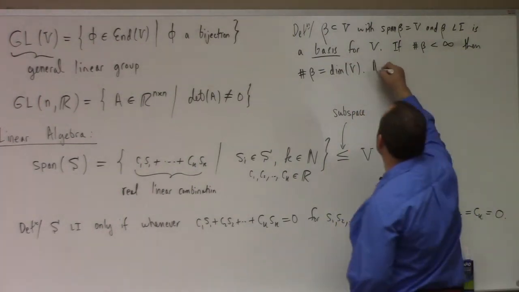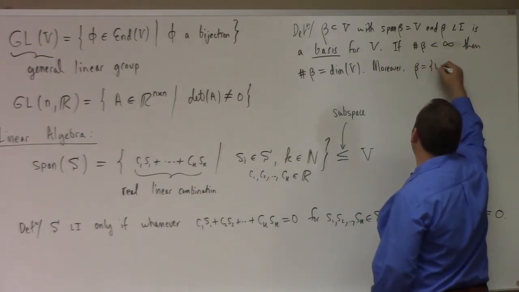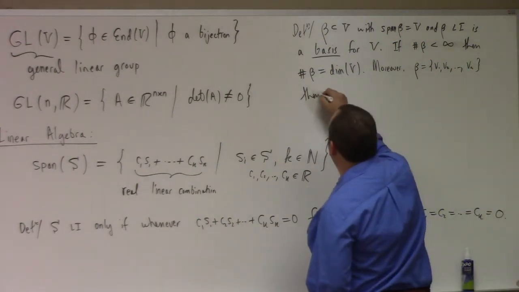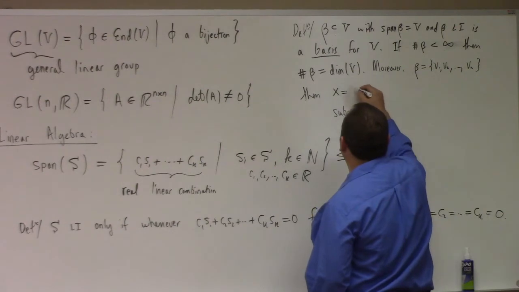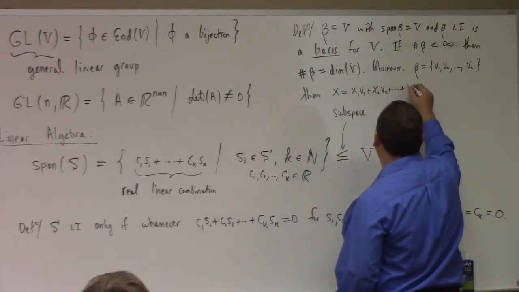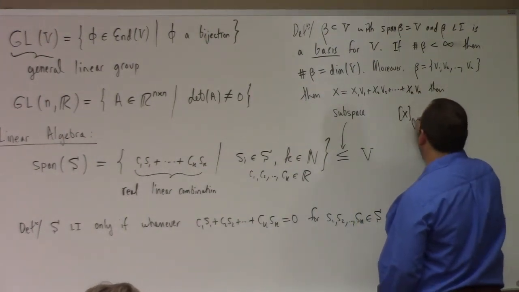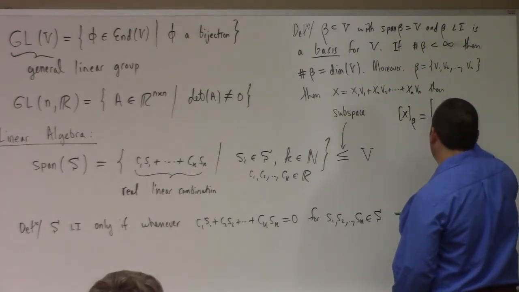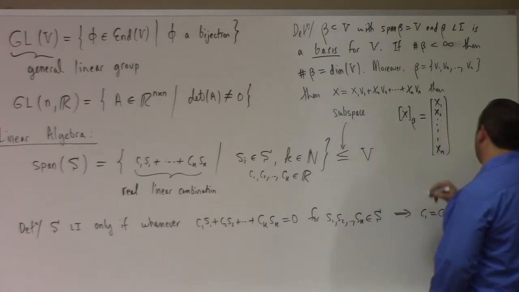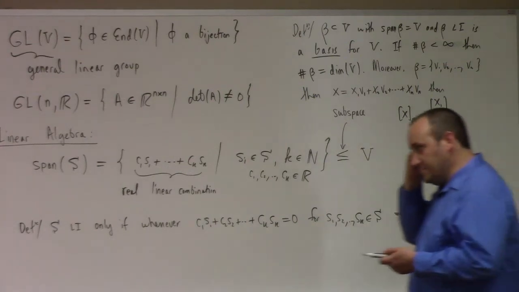Moreover, if we have beta equal to v1, v2, up to vn, and x is equal to x1 v1 plus x2 v2 plus up to xn vn, then the coordinate vector of x with respect to the beta basis is x1, x2, up to xn. All right. This is the coordinate vector with respect to the basis.